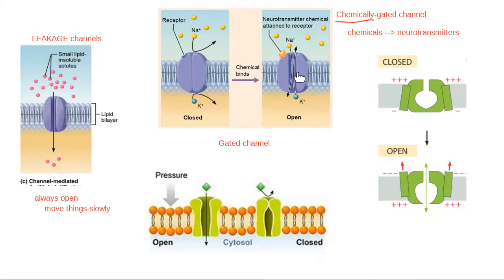Remember, channel proteins, as long as the gate is open, stuff can rush in and out. Chemically gated channels open with a chemical. Hey, this one right here is what I call a voltage gated channel. Voltage gated channel.